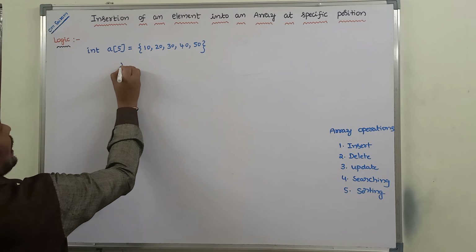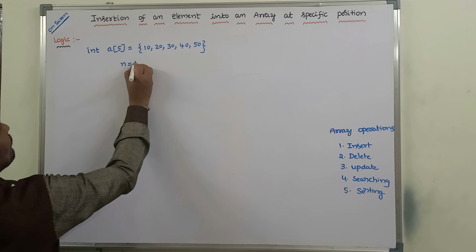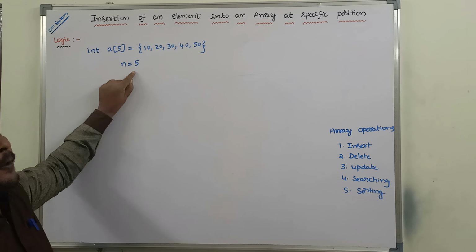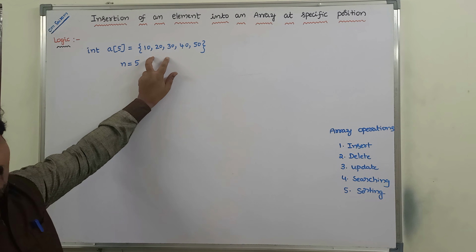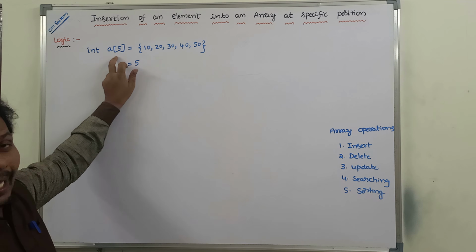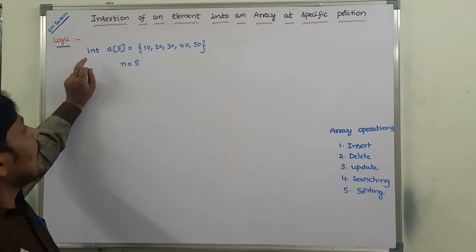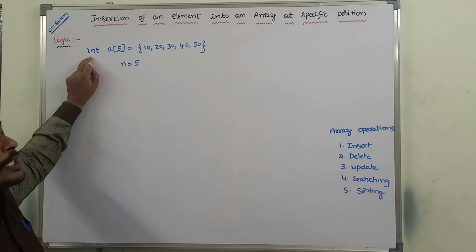Here the size of the array can be denoted by variable n. Therefore, n is equal to 5. We are storing 5 elements into this array. All 5 elements are of the same type, that is integer type.